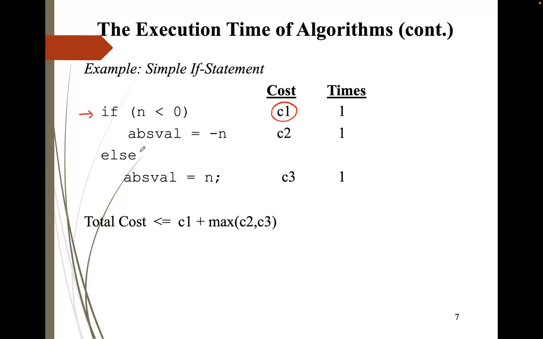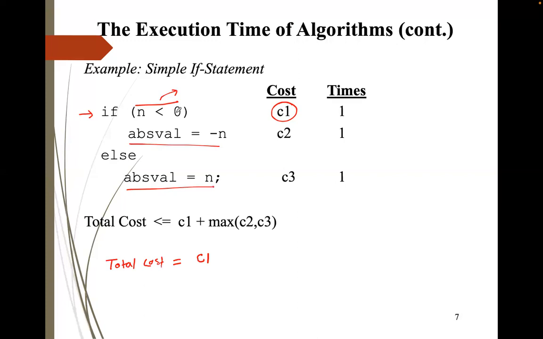All right. Now, depending on the truth value of this condition, either this statement or this statement will be executed. So now let's see what the total cost will be. This condition will always be executed, so C1.